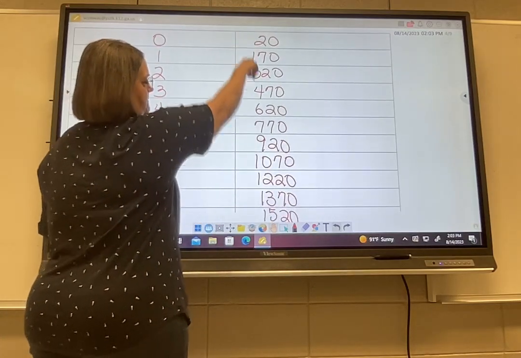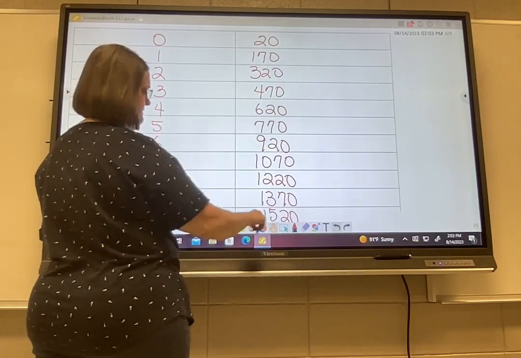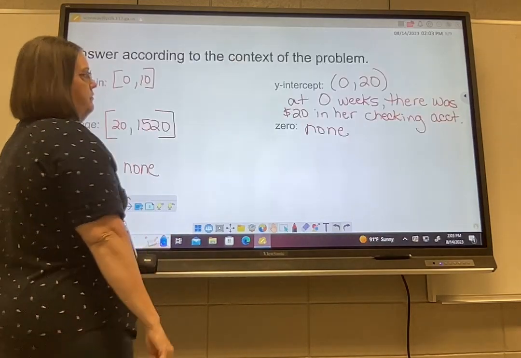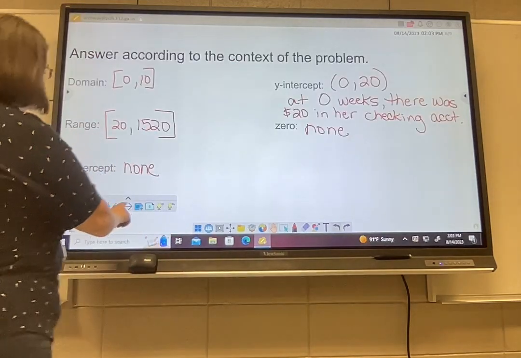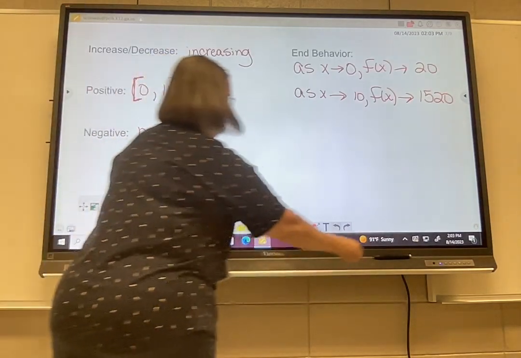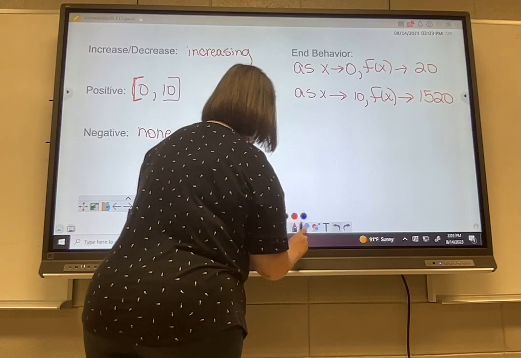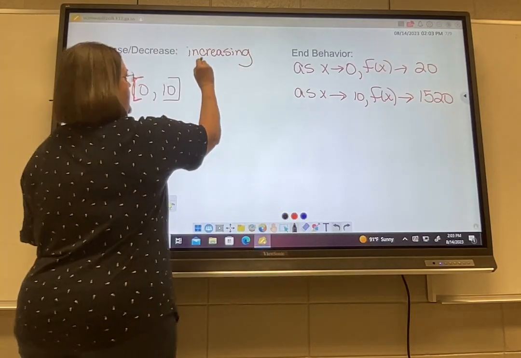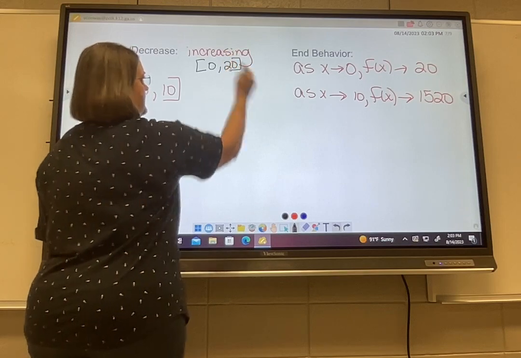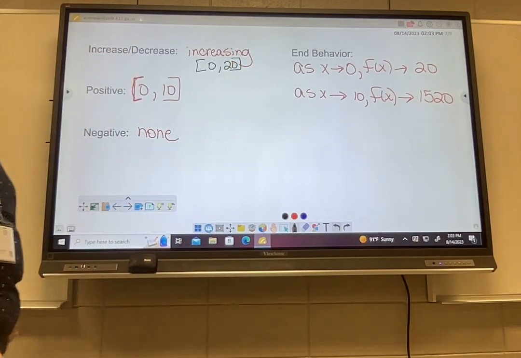They are all increasing. The y is increasing. So remember, increasing refers to the y. Where that is happening refers to the x. And that is happening all the way from 0 to 20. The entire function is increasing.